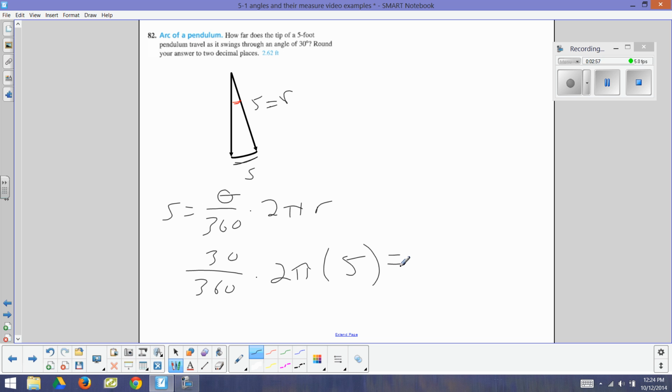And if you pick up your calculator, you should get about 2.62 feet when you plug that all in your calculator. So take some time, plug in your calculator, make sure you know how to use your calculator properly, because you never know when I am going to let you use it on a test. So you should be at least using your calculator to make sure you get the right answers.